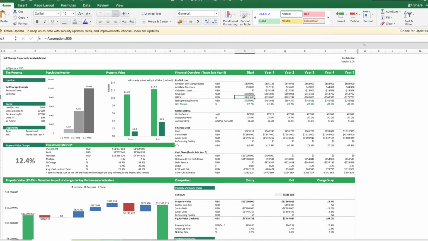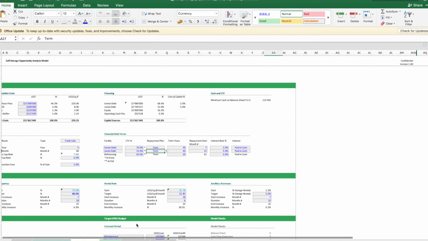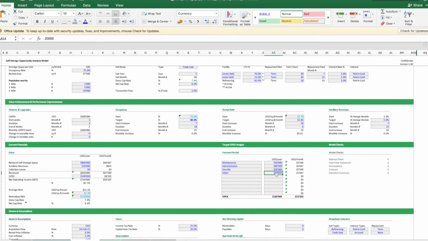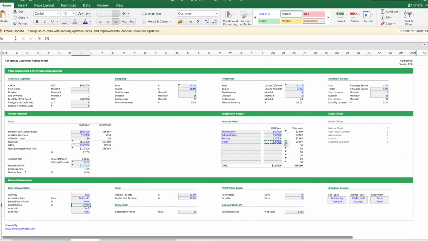Now, the other thing is that the OPEX budget is getting quite high. Here there are some extraordinary costs due to acquisition, but you can see that these costs are significantly higher than before. So maybe our OPEX budget is a bit too high. Let's reduce that a bit. We can adjust, and we can also play around with inflation.